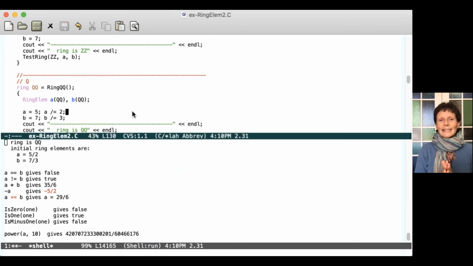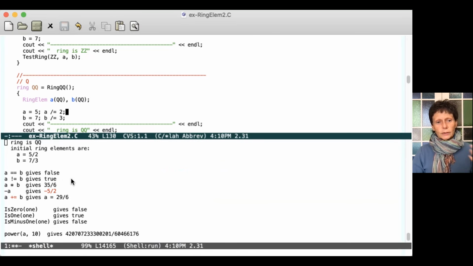Because if we write in C 5 divided by 2, that's a division of integers. So it says 5 divided by 2 is 2 plus some remainder, so it's 2. It gives an integer. So we cannot write 5 divided by 2 in C.